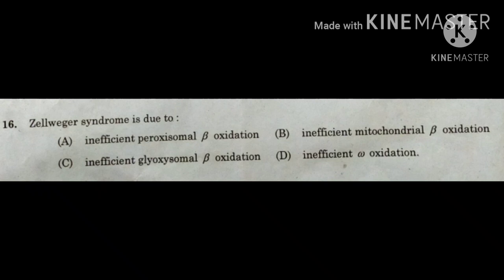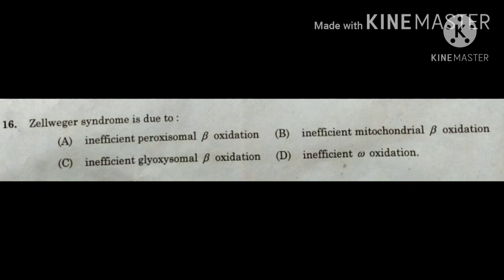If you analyze the options of the question provided, you can see the term beta oxidation. Here beta oxidation means beta oxidation of fatty acids. Before going to beta oxidation, we can check what a fatty acid is. You know that fatty acids are the building blocks of fats or lipids. They are organic acids having a carboxyl group at one end.